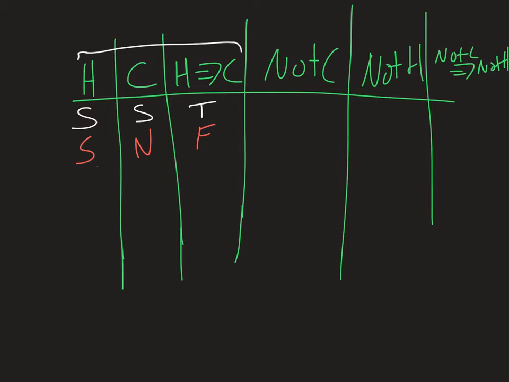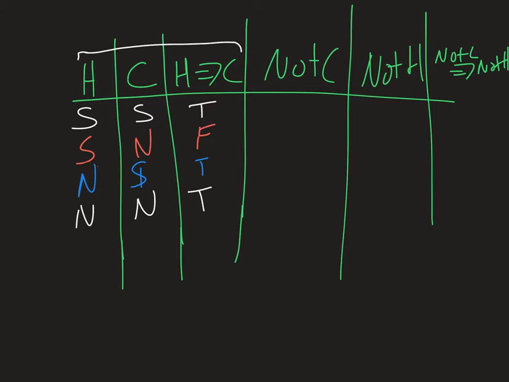And that's something we talked about in a previous video. So if I don't satisfy the hypothesis, but I do satisfy the conclusion, it's still true. It just doesn't really apply. And if I don't satisfy the hypothesis and I don't satisfy the conclusion, still, it's what we call vacuously true.